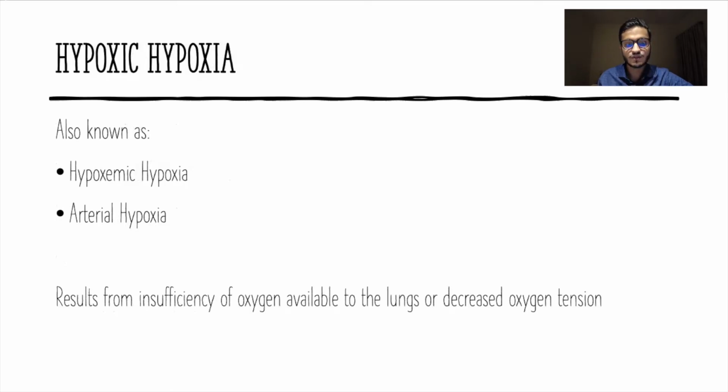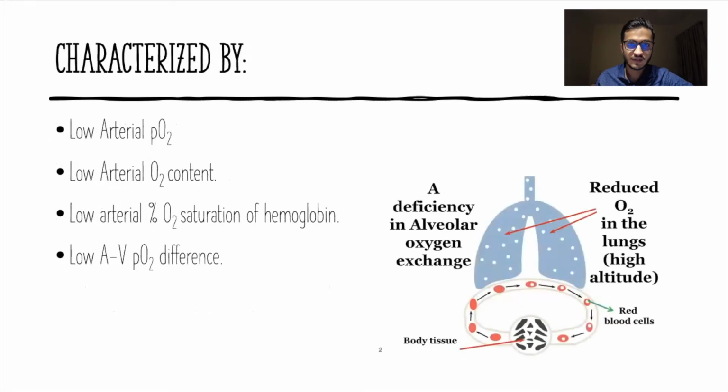This results mainly from insufficiency of oxygen available to the lung or decreased oxygen tension. So it is majorly characterized by low arterial pressure of oxygen, low arterial oxygen content, low arterial percentage of oxygen saturation of hemoglobin, whereas decreased difference between the arterial to the venous partial pressure of oxygen.